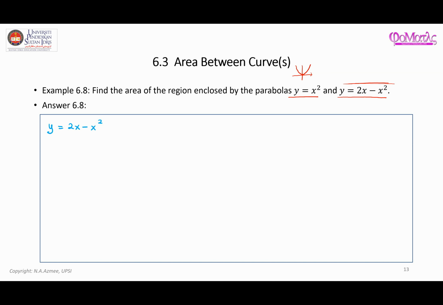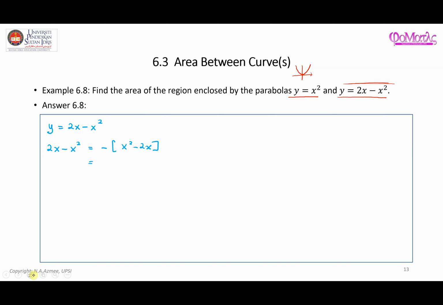I'm going to say that 2x minus x squared is equal to negative x squared minus 2x inside a bracket, with the negative 1 taken out. If you take out the square bracket, you will get back this expression, which is negative x squared plus 2x.